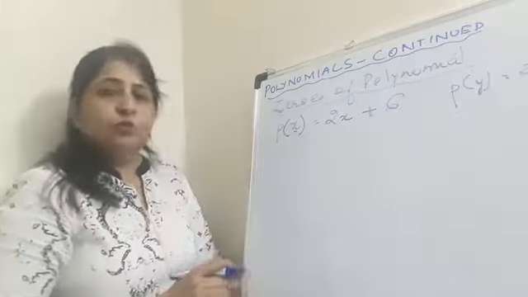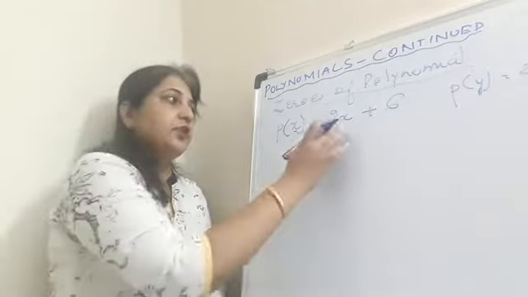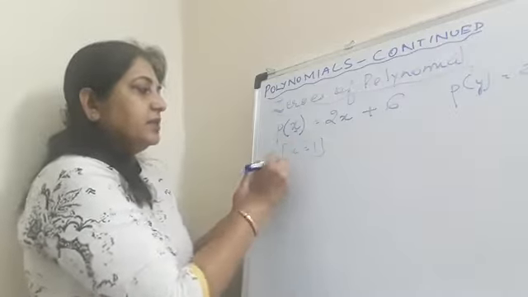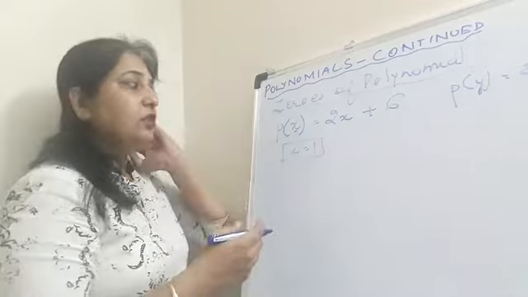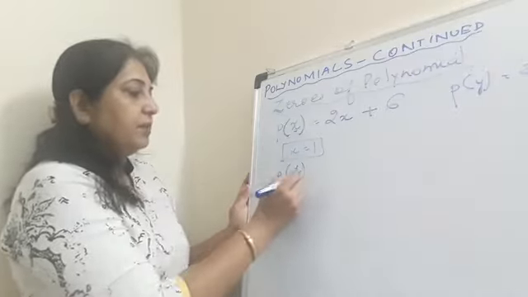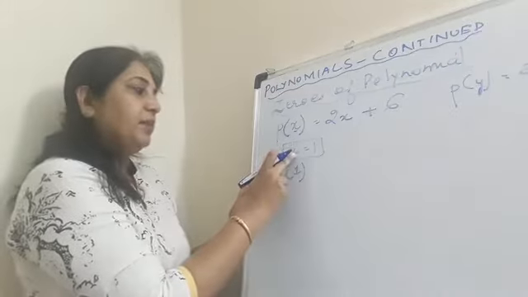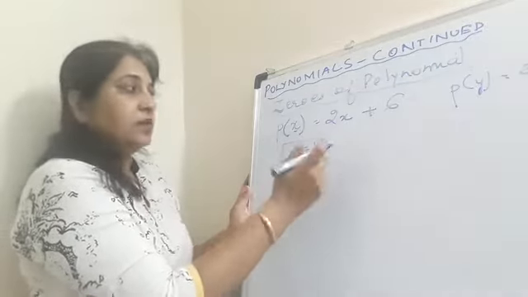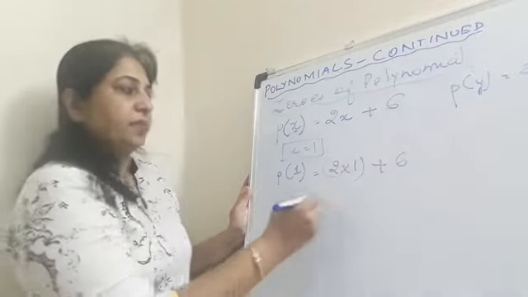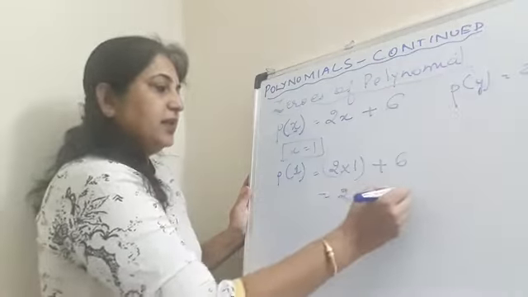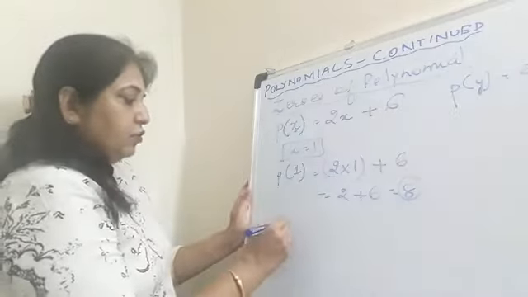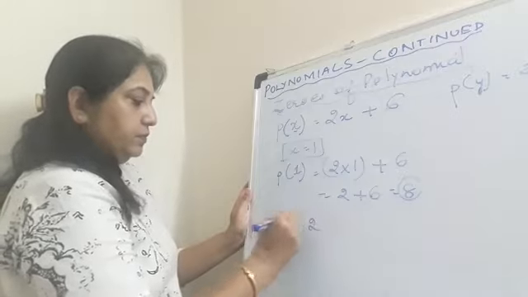Now let us assume 2-3 values of x and substitute here. Let us take x is equal to 1. This is, I am assuming, you can assume some other value also. So p(1), why p(1)? Because in place of x I am now going to substitute 1. So therefore 2 into 1 plus 6, which will give you 2 plus 6, that is 8. Okay, I now assume x is equal to 2.